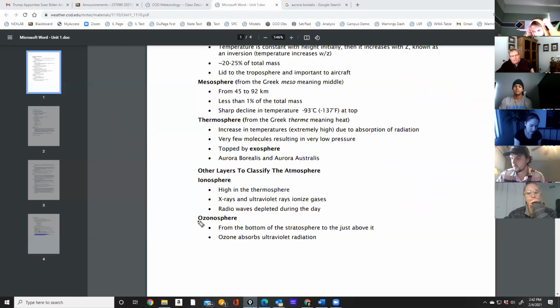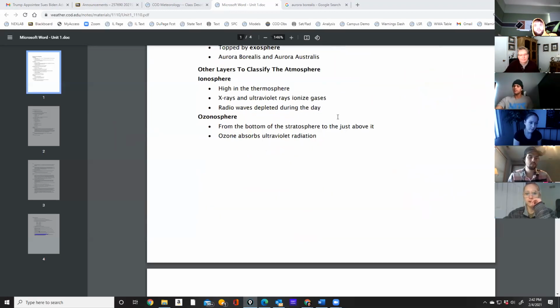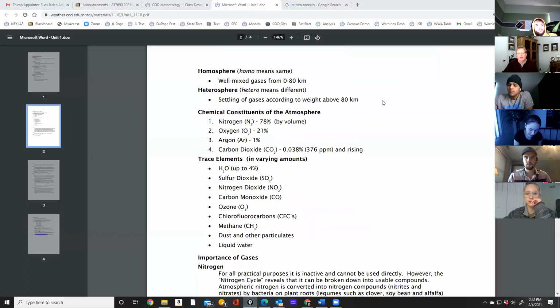And then we talk about, sometimes we call something the ozonosphere, the layer that contains the ozone, which is really in the stratosphere. And remember, ozone absorbs ultraviolet radiation. Fair enough? Now, there are a couple of other ways of describing the atmosphere. One of them is called the homosphere.